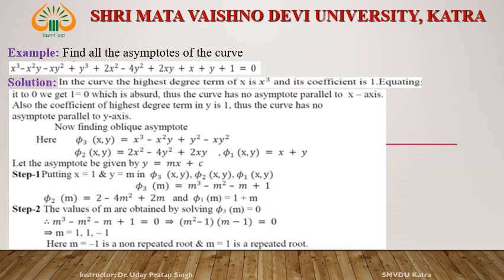See, find the asymptotes of the curve. Only this is given, find the asymptotes of the curve. It is not mentioned whether they are oblique asymptotes or rectangular asymptotes. Then first you have to check the rectangular asymptotes.